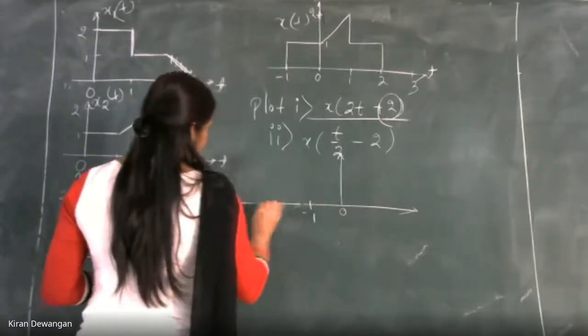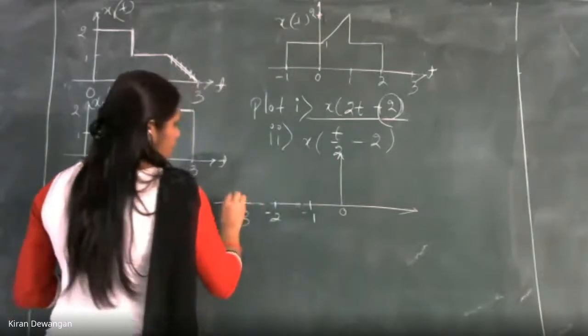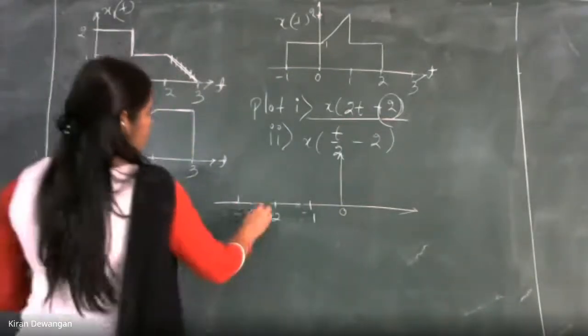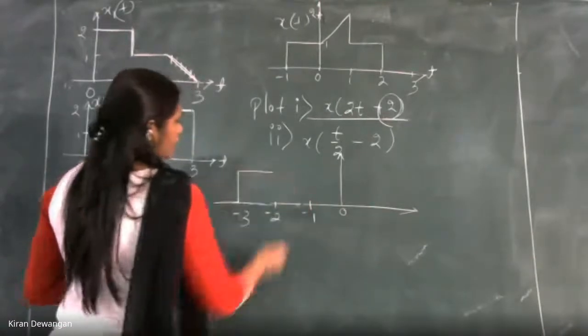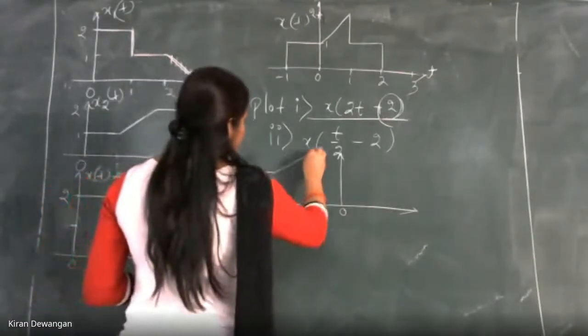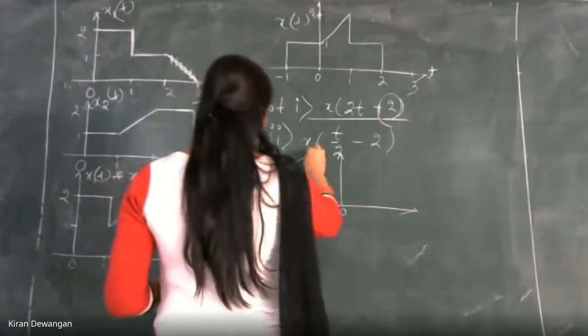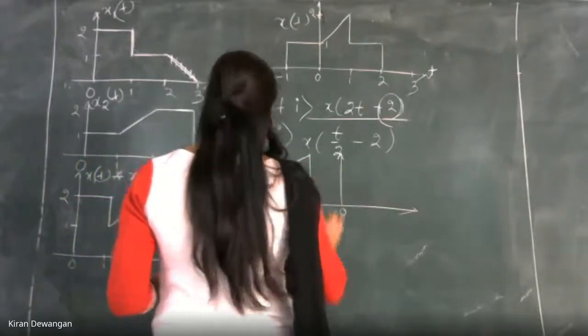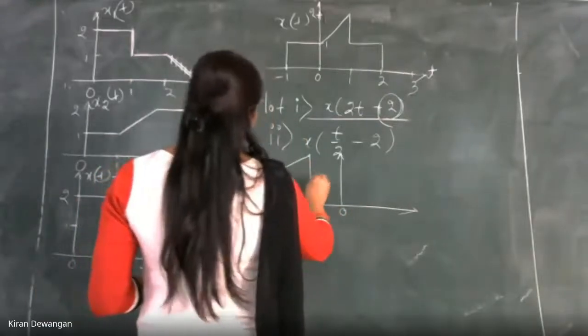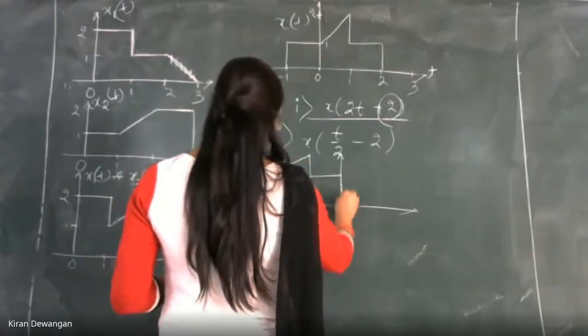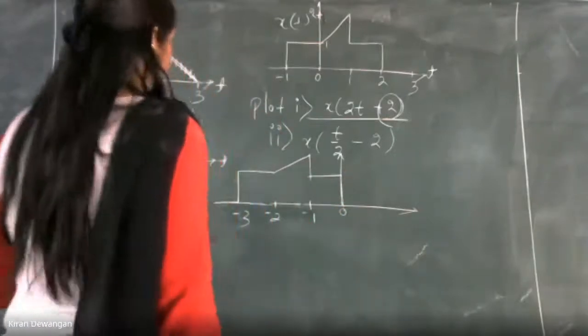So it will start from -3. -3 से start होगा. The value will be 1 and it will increase like this. It will drop down. Okay, and then it will be at 0.